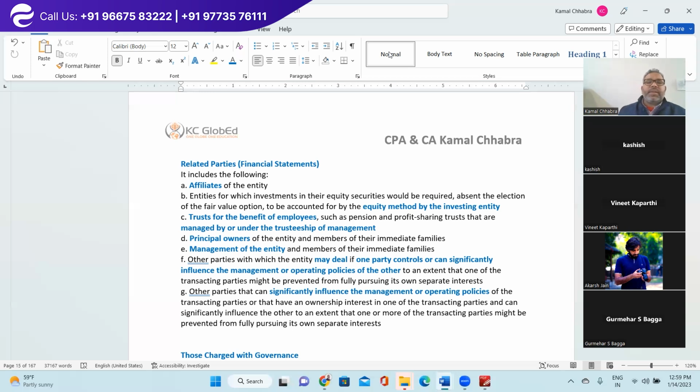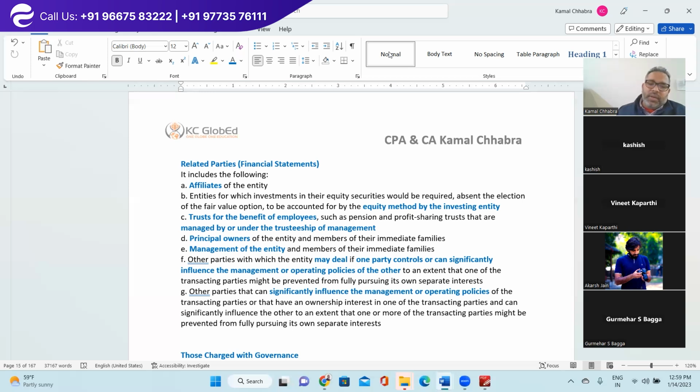Third is principal owners of the entity and members of their immediate family. That means shareholders of the company and their family members. Next is management of the entity and members of their immediate family. That means board of directors, CEO, CFO, and their family members.